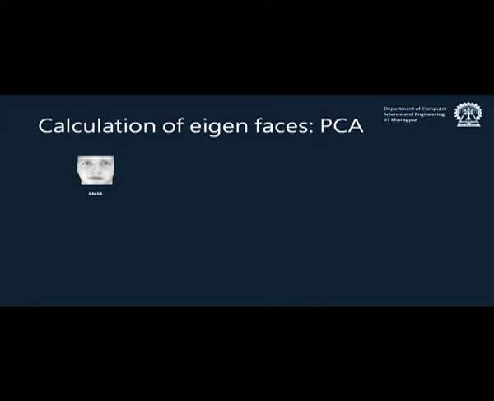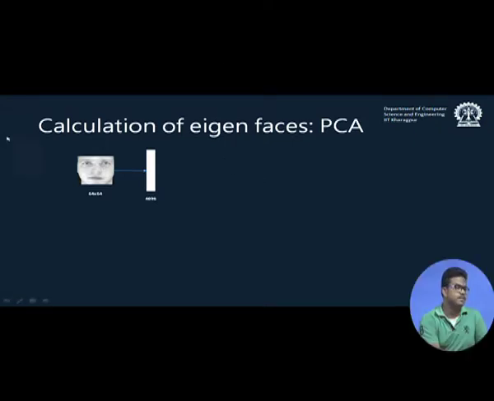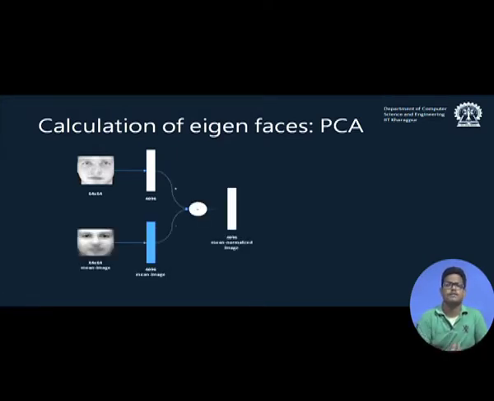So, given a face of 64 by 64, first we make a vector out of that. We just do a raster scan on the image, and we arrange the pixels along the rows into a vector of 4096 dimensions. And next, we find the mean vector and subtract that from the original image.